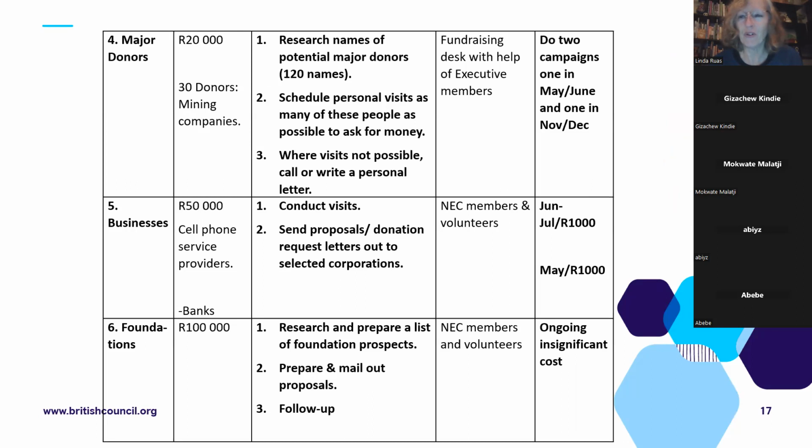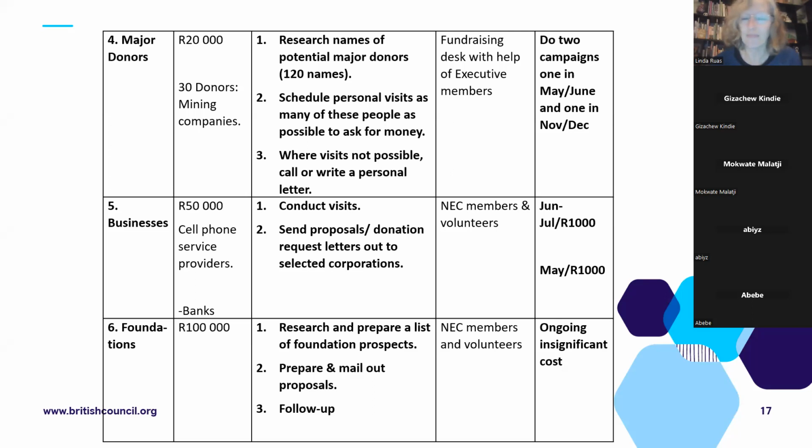If people are really interested in green energy and making things sustainable, I don't know if they would be happy with mining companies donating to the Teacher Association, but that's, of course, up to you. Money from there is probably better than money from nowhere. Researching the names, scheduling personal visits, writing personal letters. Okay, that will be great.